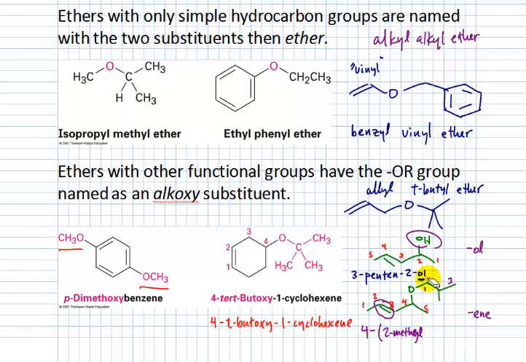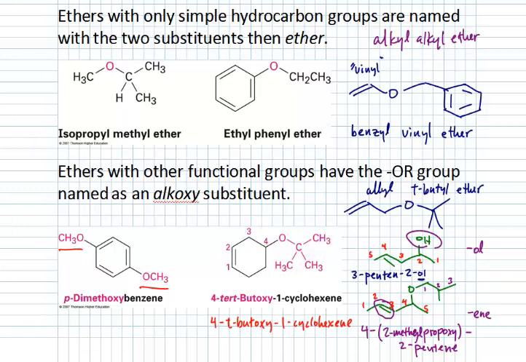If that were just a group, we would call it 2-methylpropyl, but it has to be an alkoxy group since it's an ether. So 2-methylpropoxy, 2-pentene.